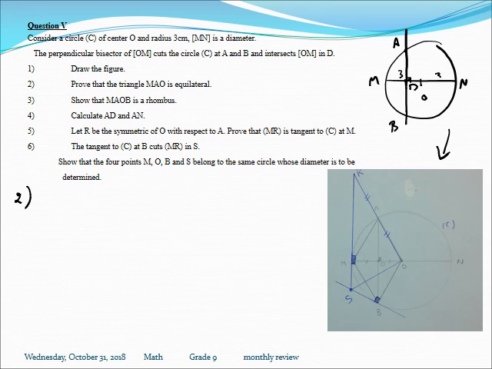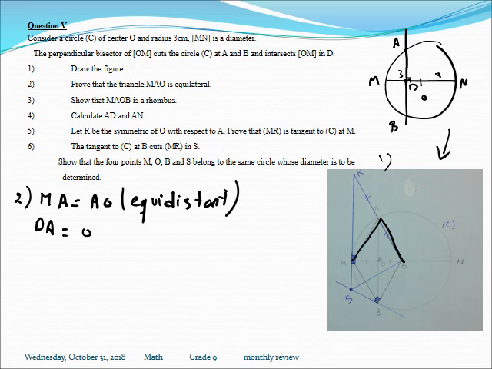Number 2, prove that triangle MAO is an equilateral triangle. MA equals AO, equidistant, since A lies on the perpendicular bisector of MO.